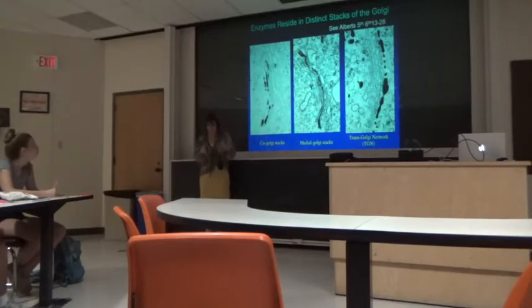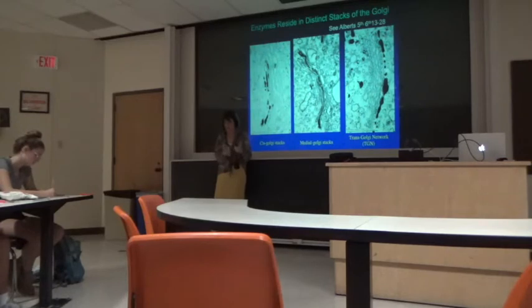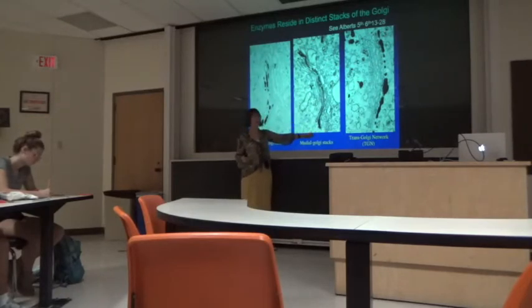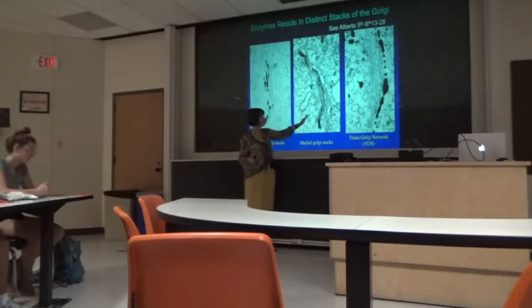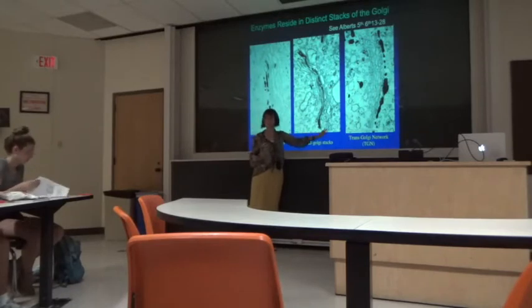So it's three different sections side by side, and then one section was stained with one particular enzyme, and you can see that it's in the cis Golgi, but absent from the medial Golgi or the trans Golgi. On the other hand, a different antibody against a different enzyme stains the medial stacks and does not stain the cis stacks or the trans stacks.